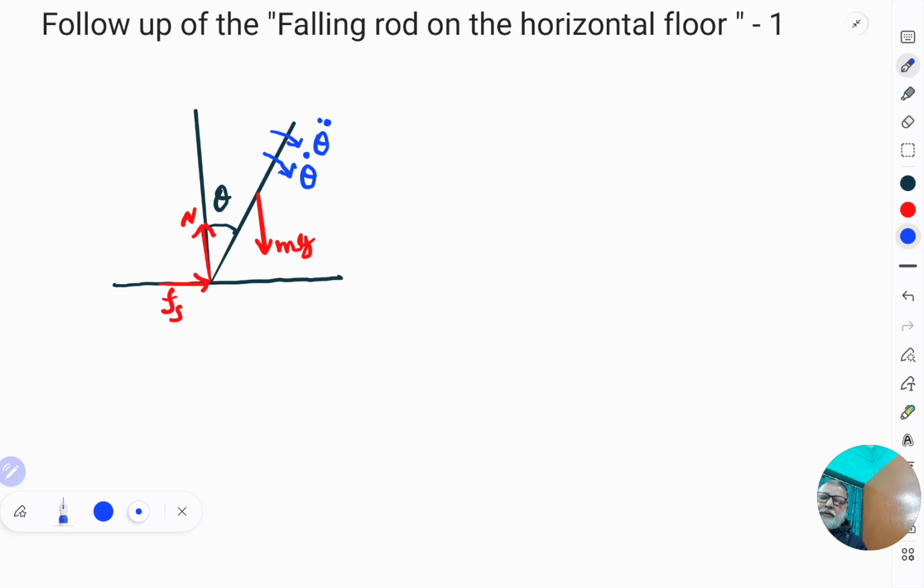The center of mass has tangential acceleration at as well as radial acceleration ar at this instant, where at is equal to L by 2 theta double dot and ar, the radial acceleration, is theta dot squared L by 2. This is the motion of the center of mass.